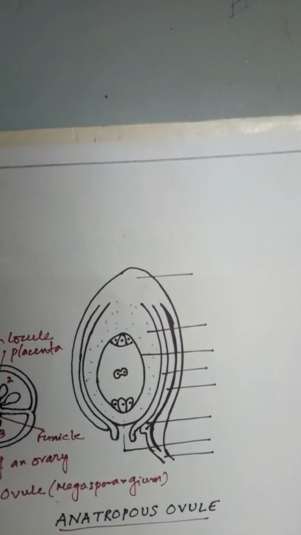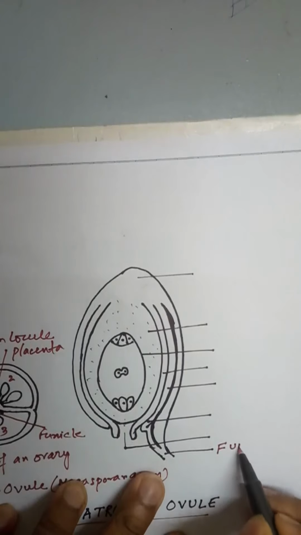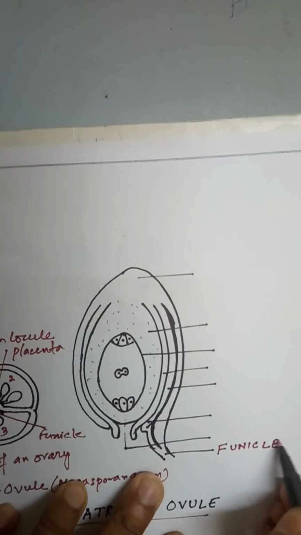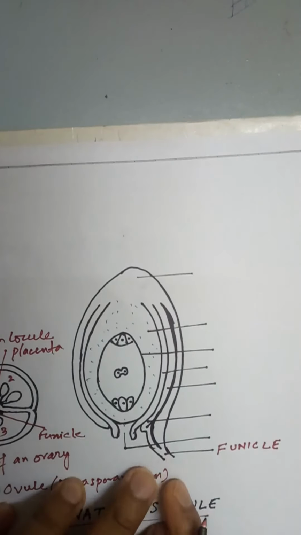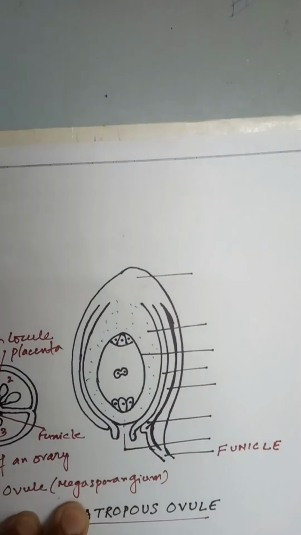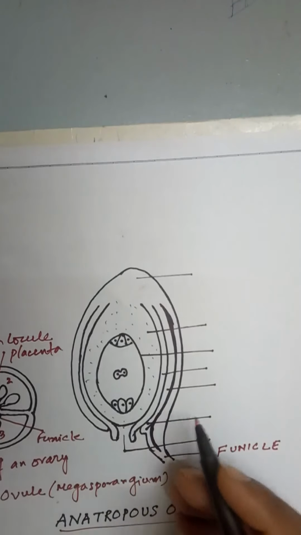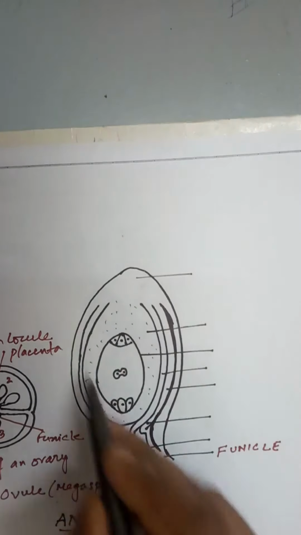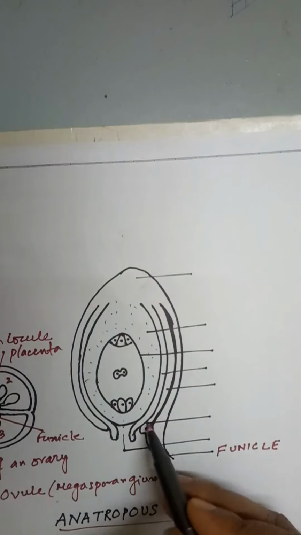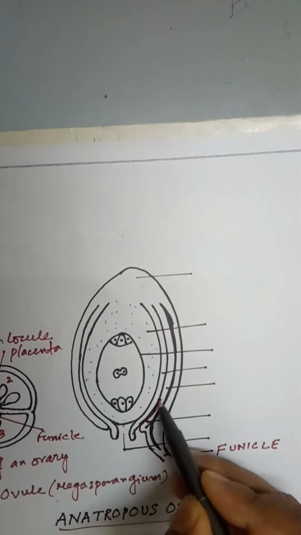So a typical ovule has a stalk. The stalk is called the funicle, F-U-N-I-C-L-E. The funicle is the stalk which hangs the ovule, also called the megasporangium, into the ovarian locule or the ovary. Now the funicle fuses with the body of the ovule at this point.